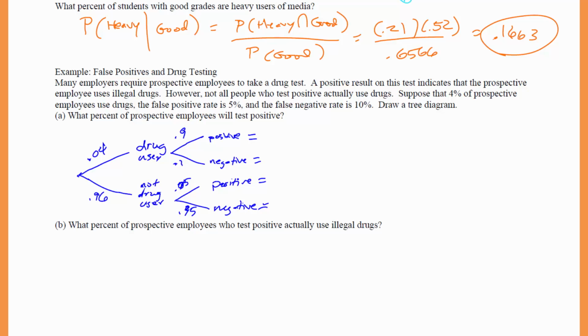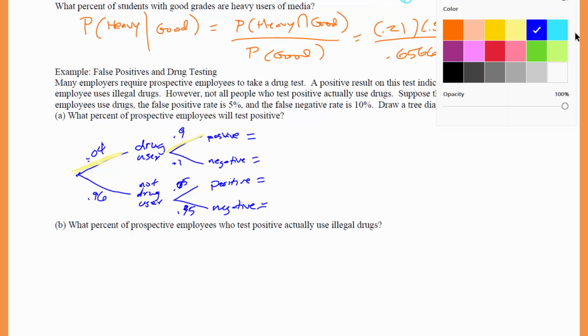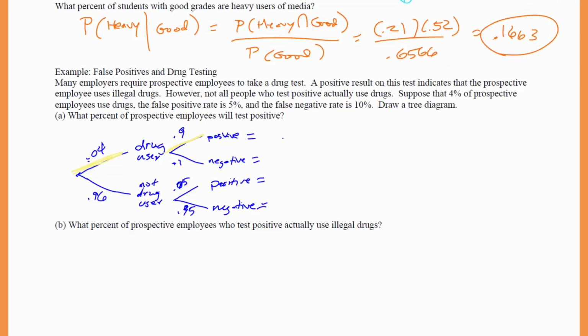What's the probability that we have a person who is a drug user and they test positive? We're going to multiply along those branches of the tree. The ones who are drug users and test positive. If we multiply 0.04 times 0.9, then we get an overall probability of 0.036 that somebody is a drug user and tests positive.